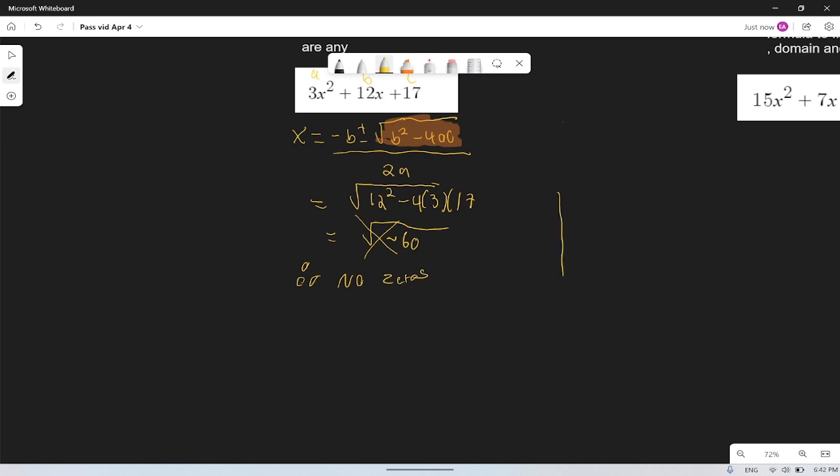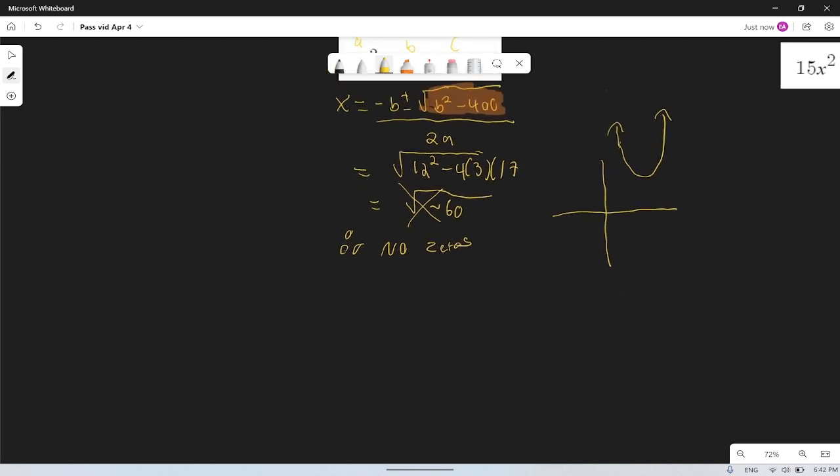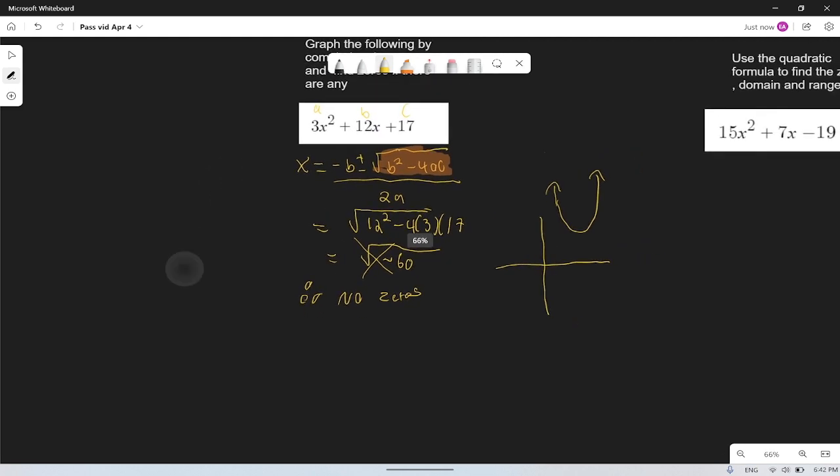So this means that our function is above the x-axis somewhere. There's no intercepts. But we can still find some information about this by completing the square, and then we'll still be able to graph it.